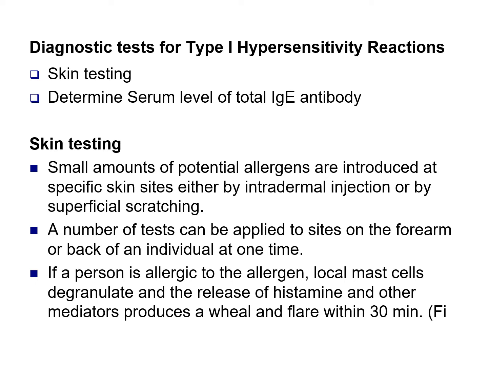So a number of tests means multiple allergens can be introduced on a certain site of the body, like the forearm or the back at one time. If a person is allergic to a certain allergen, there will be flaring or the presence of wheal within 30 minutes.